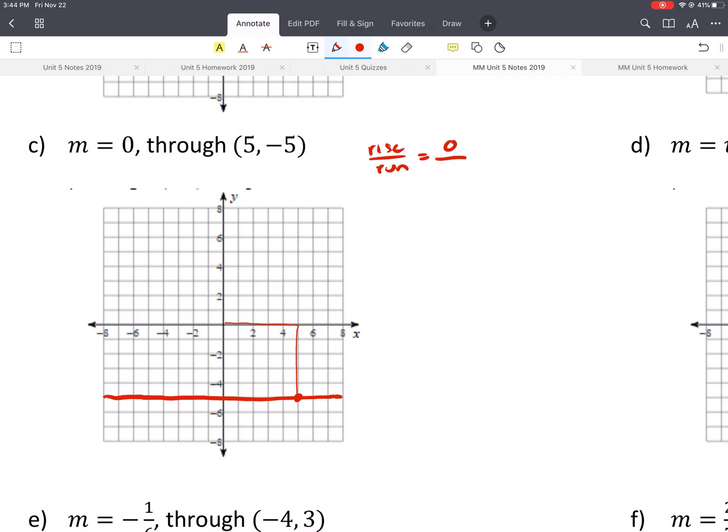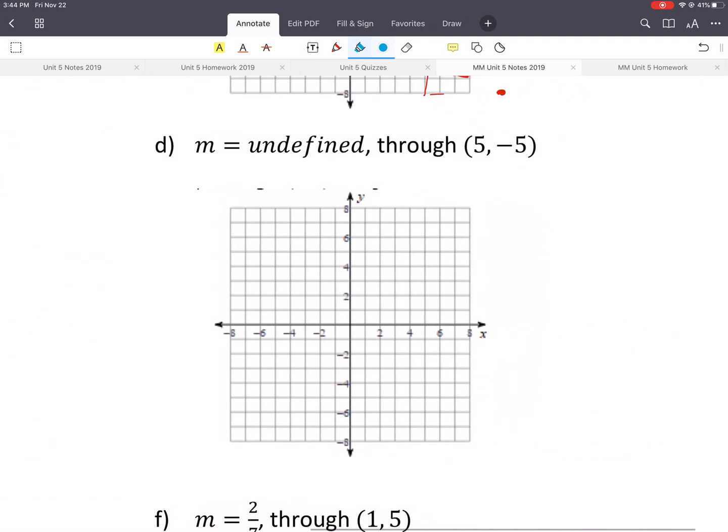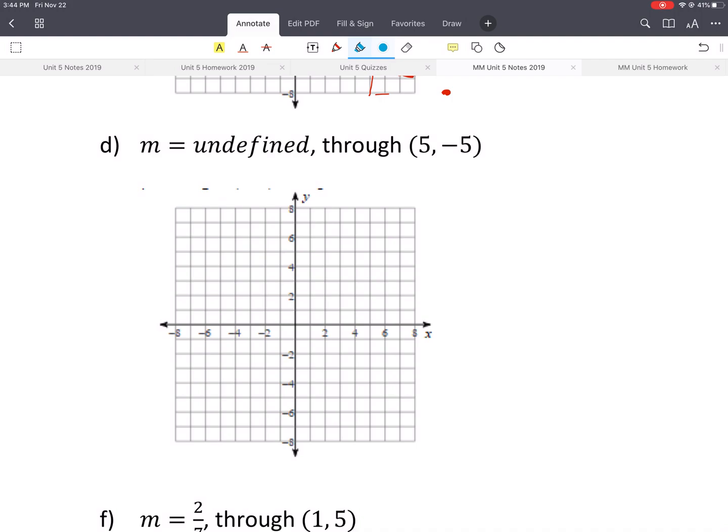For example, you could go rise 0, run 1, or rise 0 over 2. Either way, it doesn't really matter because 0 divided by anything is 0, and that would give you your slope.